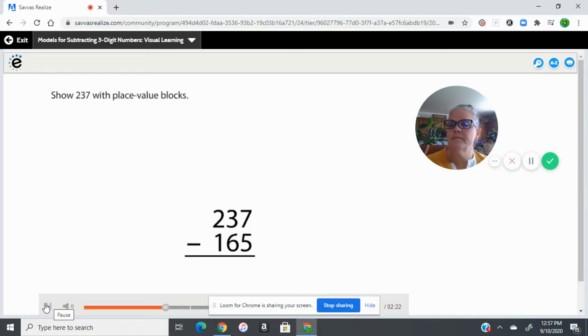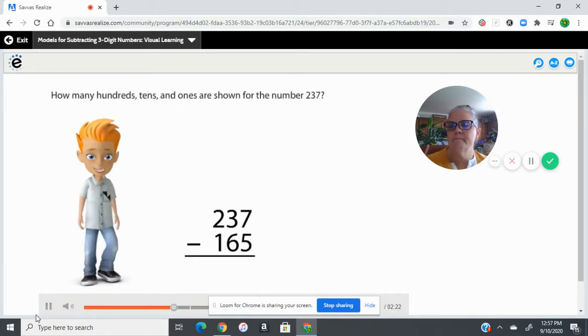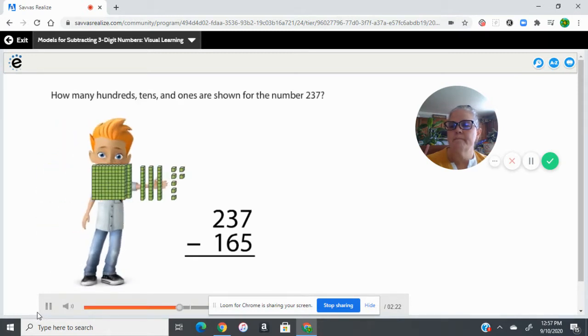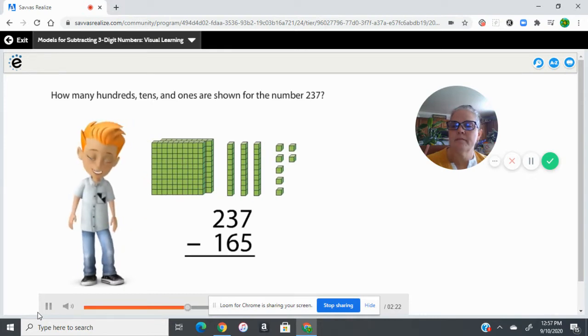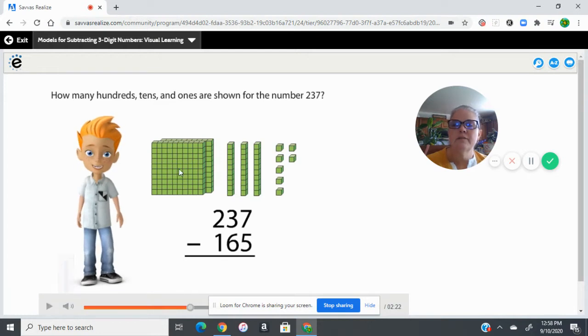Show 237 with place value blocks. How many hundreds, tens, and ones are shown for the number 237? Okay, so we see 2 hundreds, 3 tens, and 7 ones.